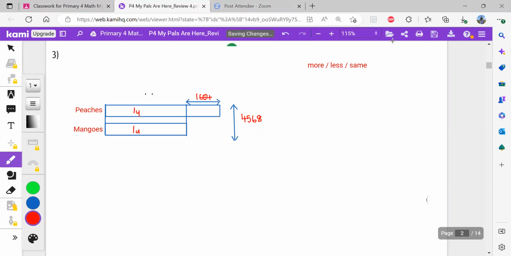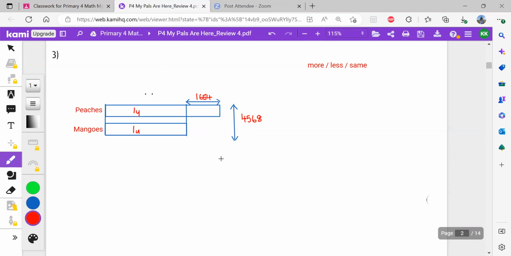If I take the 4,568 and take away this extra part, I will be getting 2 units. The whole thing is 4,568. When you take away this 1,654, what you're left with is 2 units.